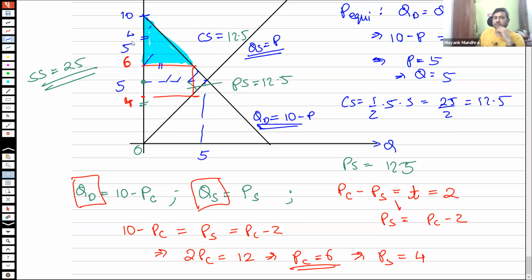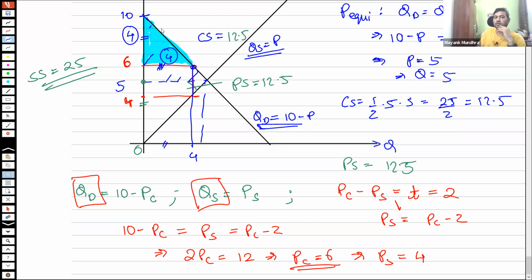So this arm is 4 now. And if the price level is 6, quantity demanded would also be equal to 4. So this distance is basically equal to this distance, which is 4. So half into 4 into 4.